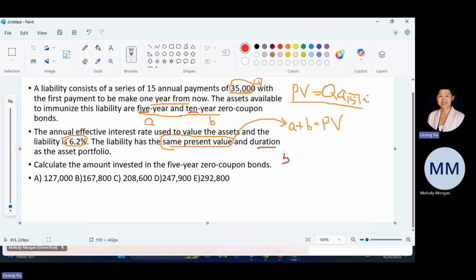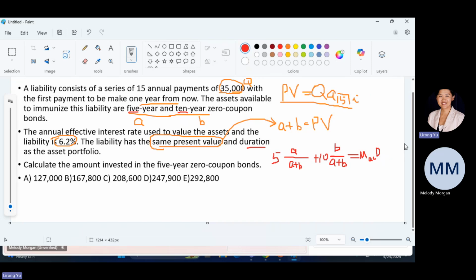The 5 is the payment time for the 5-year bond, weighted by A over A plus B, and the 10-year bond is weighted by B over A plus B, where A plus B is the total present value. Now this should equal the Macaulay duration of the liability, which we have to calculate.